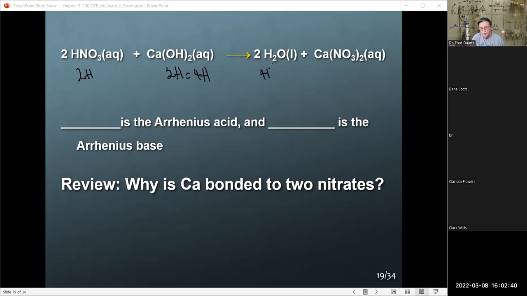That means I've got 4 hydrogens. Guess what? My hydrogens are happy. Mother Nature is happy with respect to my hydrogens. I've got 2 nitrates, and down here I've got 2 nitrates, so my nitrates are happy. 2 NO3s, so Mother Nature's happy there. 1 calcium and 1 calcium. We're good to go. You have a balanced chemical reaction.